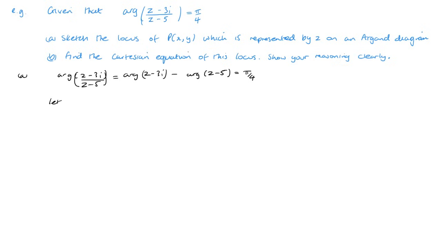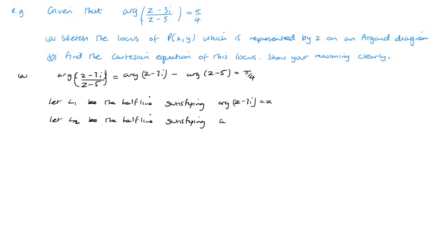So if we let L1 be the half line satisfying arg(z minus 3i) equals alpha, and then L2 will be arg(z minus 5), which is beta, and then of course alpha minus beta equals pi by 4.